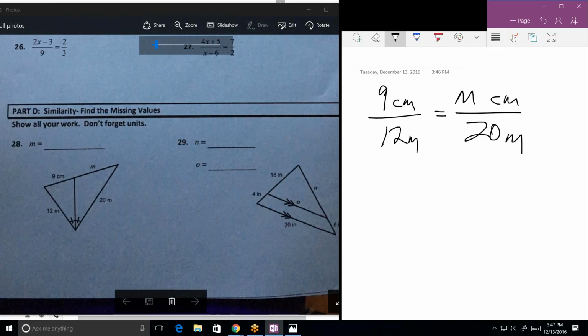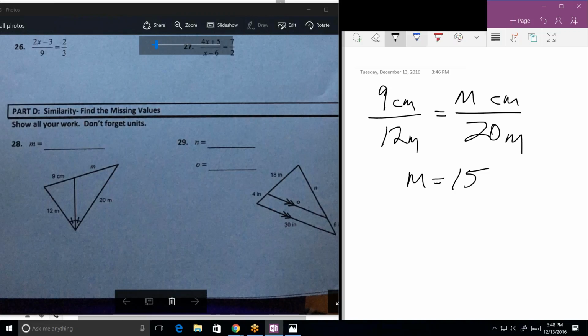Now what does m have to be? Let's see, if we cross multiply, m ends up being 15. 9 is 3/4 of 12, 15 is 3/4 of 20.